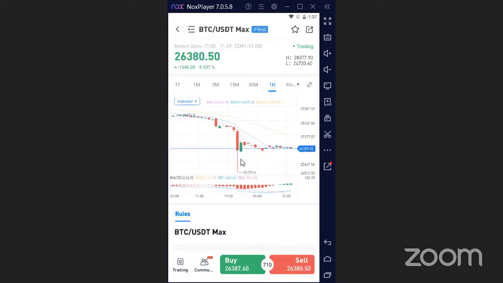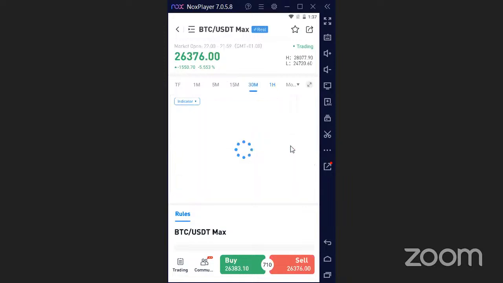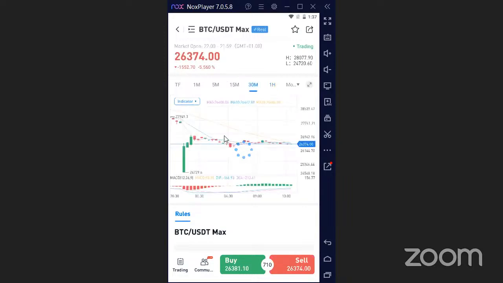So the market you are looking to trade, the market you are looking to place an order from, is a market that is either touching a high or touching a low. You see this ranging market clearly on the lower time frame. So let's go to the 30-minute time frame right now so that you can see the chart clearly.